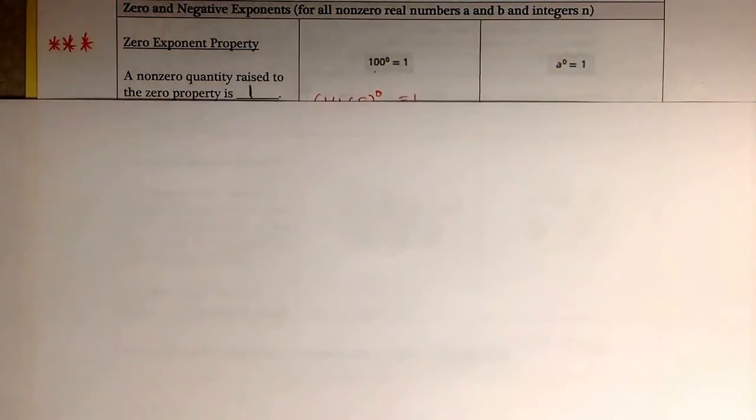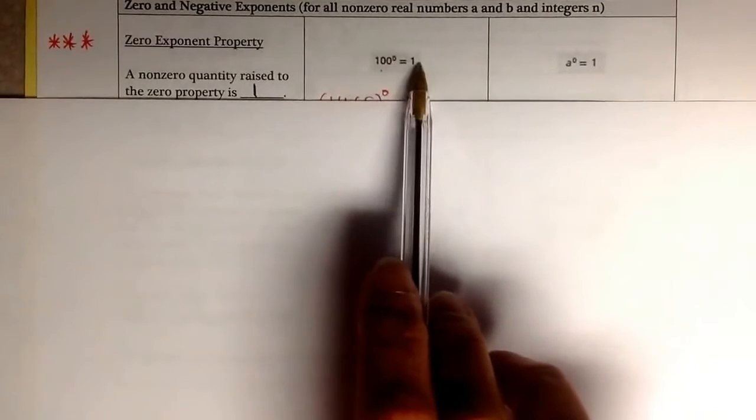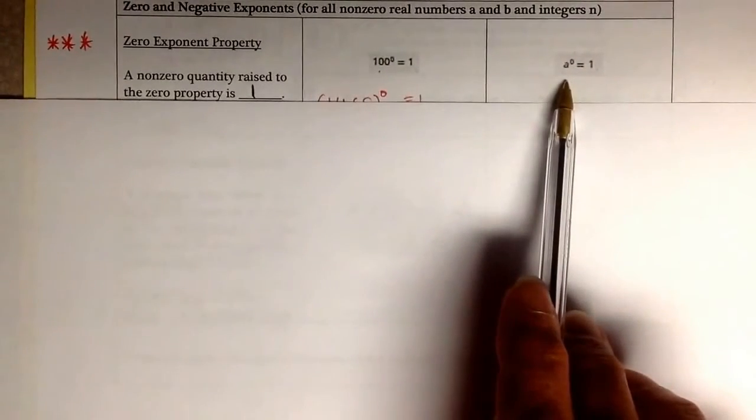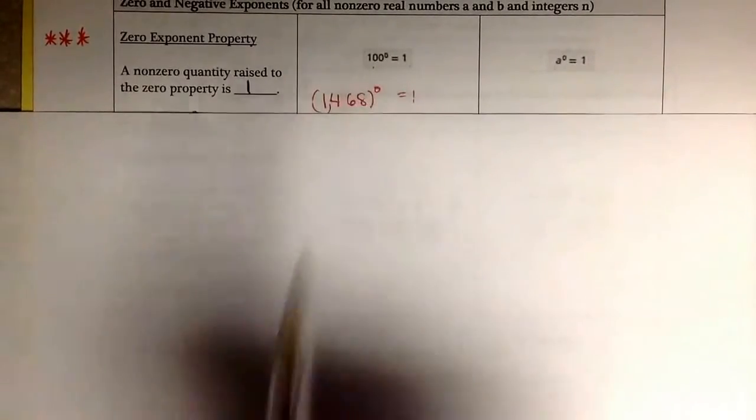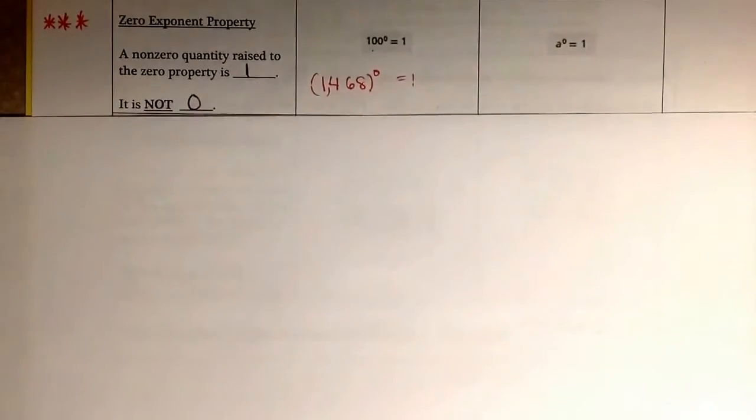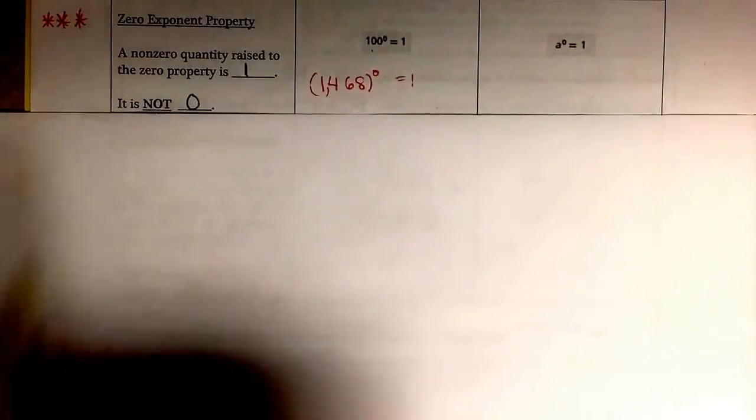It does not matter what it is. We have 100 to the 0 equals 1. So any real number raised to the 0 power equals 1. I can have a big number, raise it to the 0 power, and it equals 1. It is not 0. A lot of times I'll have students tell me that a number to the 0 power is 0. That is not true.